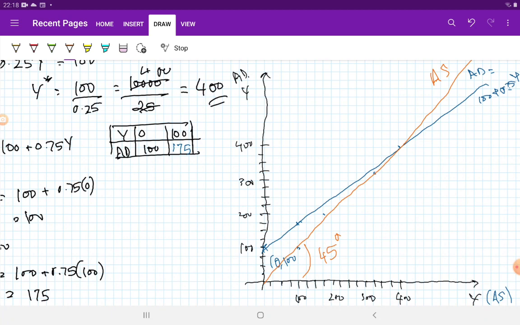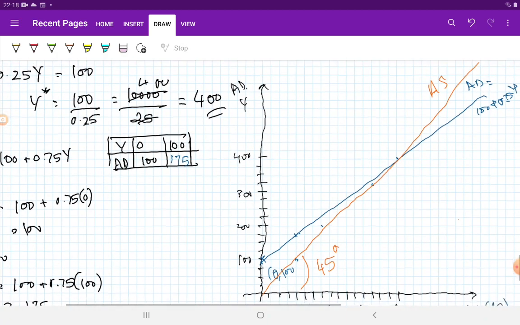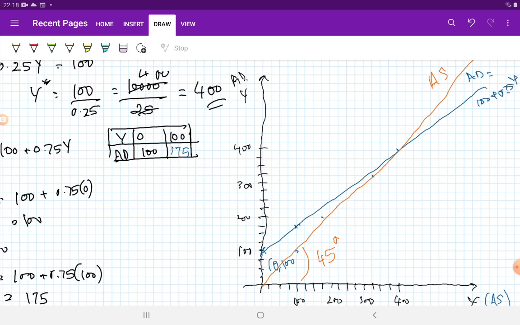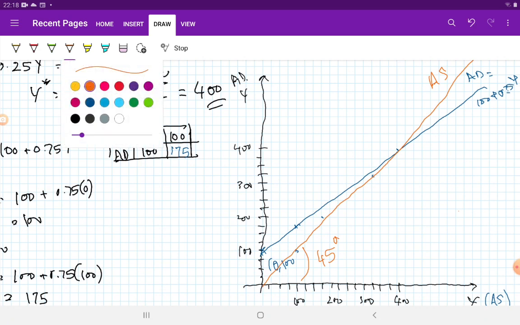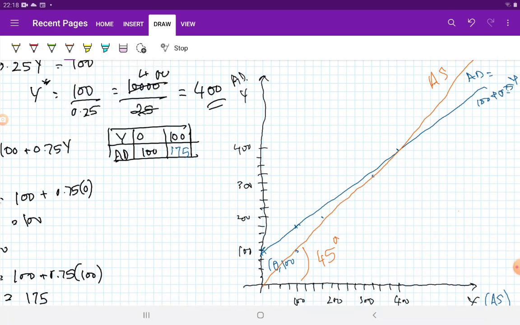All the points along this 45-degree line are where the aggregate supply is equal to aggregate demand, right? Which is why, to find national income equilibrium, we try and locate the point where the aggregate demand curve intersects the 45-degree line.